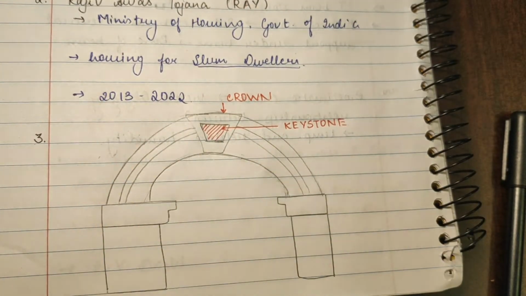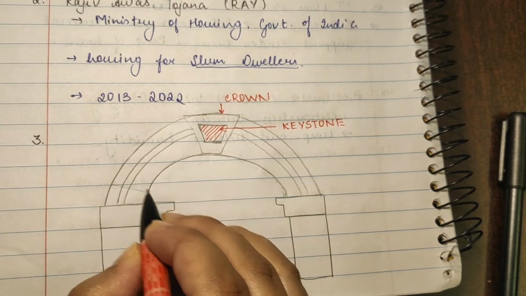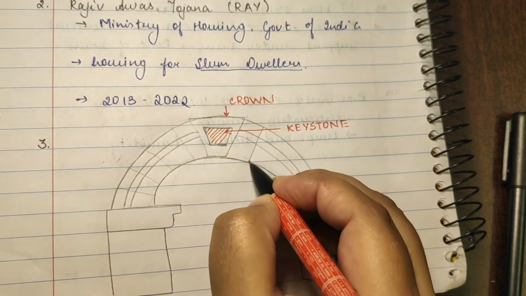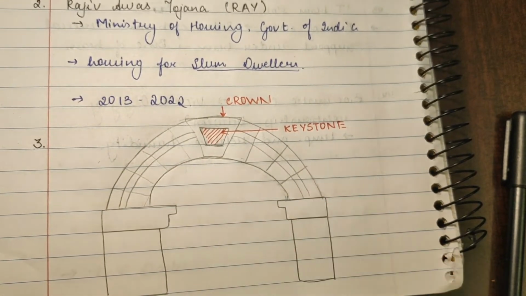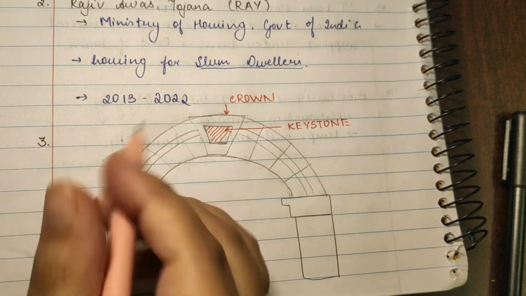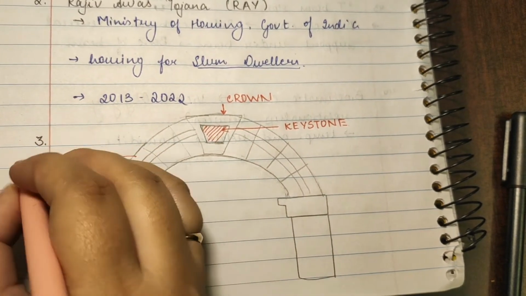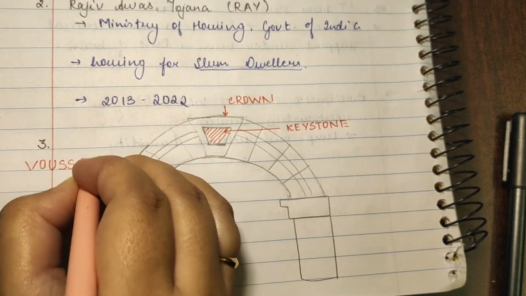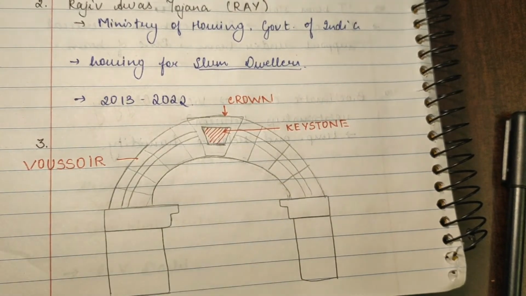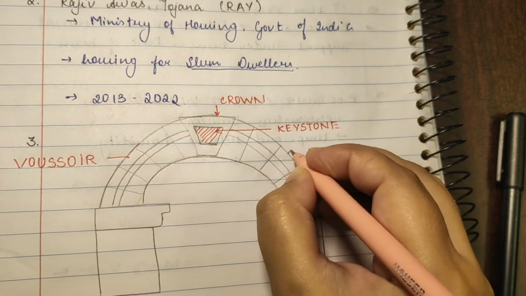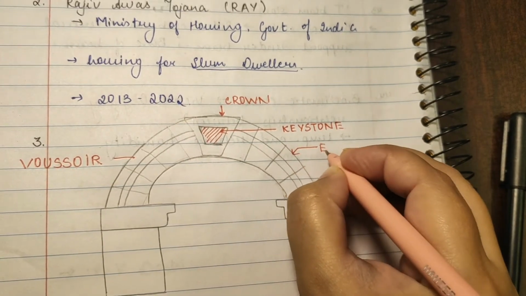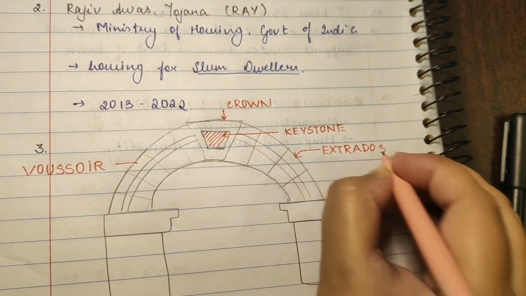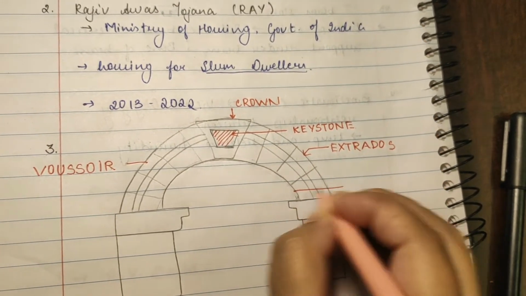these are basically what arches are made of. They are made of these blocks, like for example stone or brick blocks. So what are these blocks called? These are called voussoirs. The outer layer is called extrados, and the inner layer intrados.